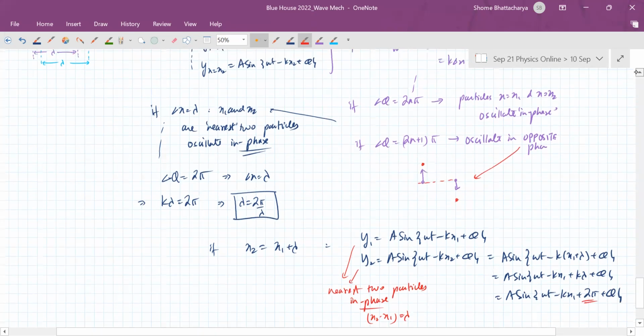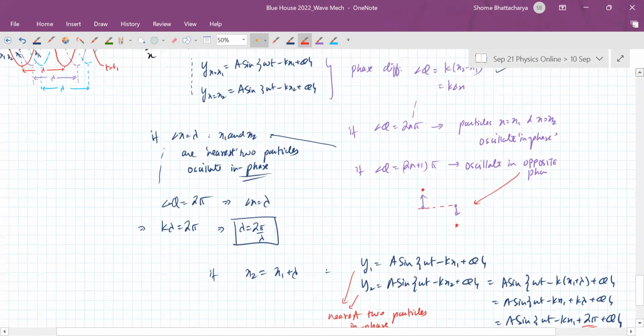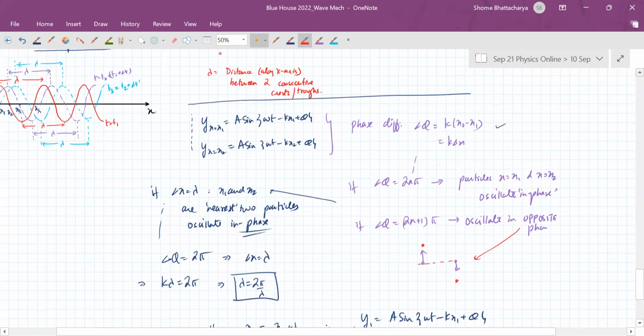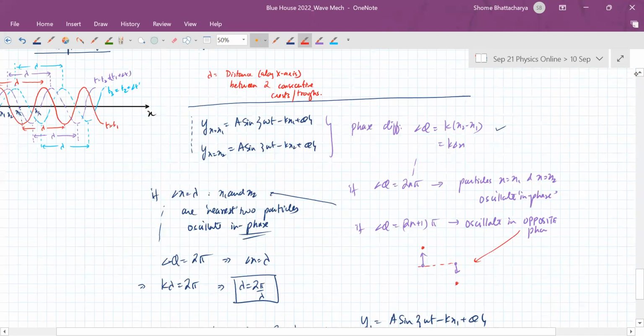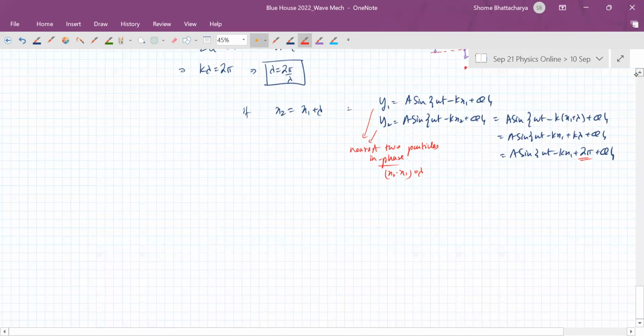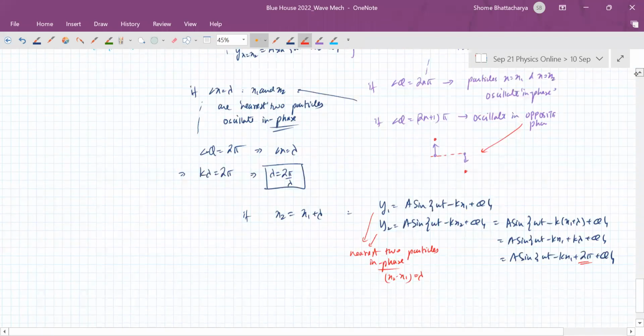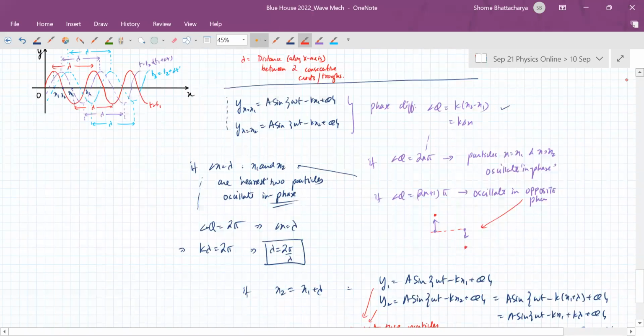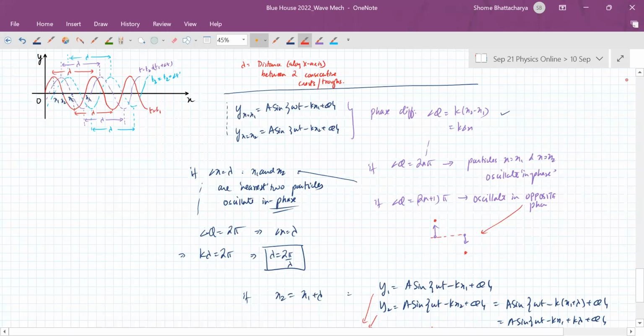Sir, basically if the distance is less than lambda, then the phase difference is less than 2 pi, so they cannot be in phase. Okay. To be in phase, it should be minimum lambda. The minimum distance between any two particles, if the oscillation is in phase, is lambda.